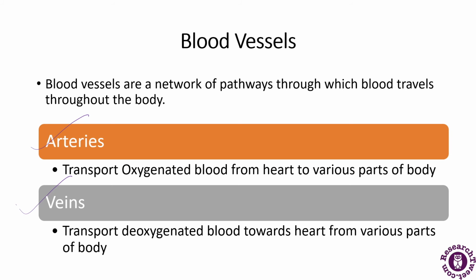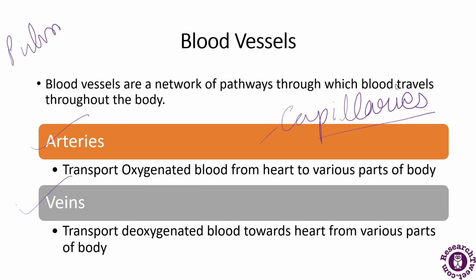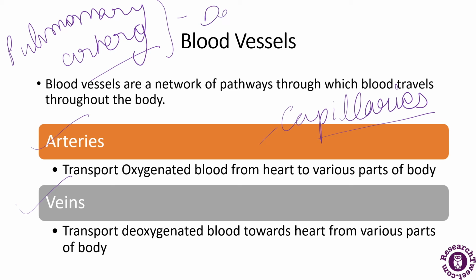They are very thick and elastic, and they divide into a small network of blood vessels called capillaries. The only exception is the pulmonary artery, which was represented in the diagram of the heart. It carries deoxygenated blood to the lungs.